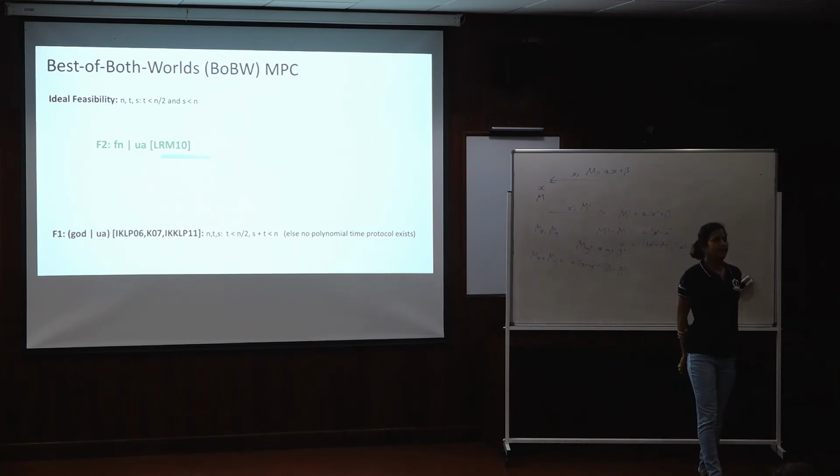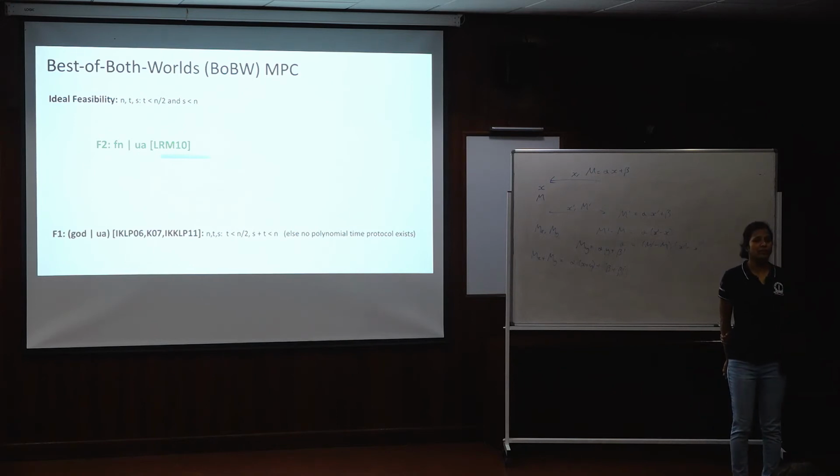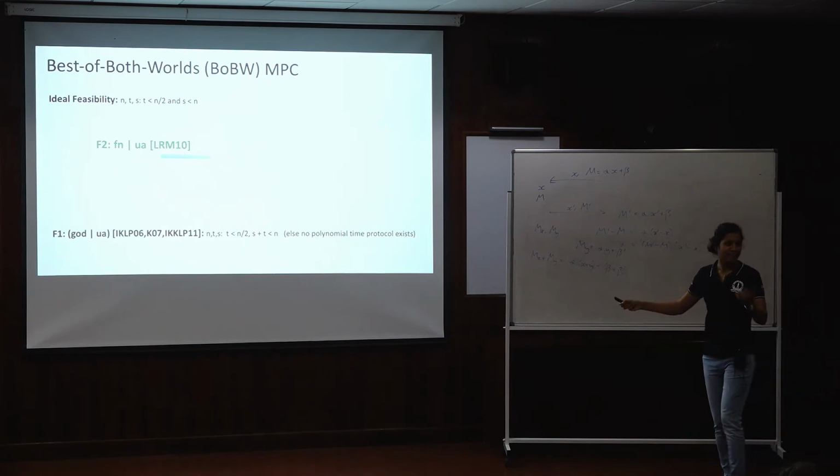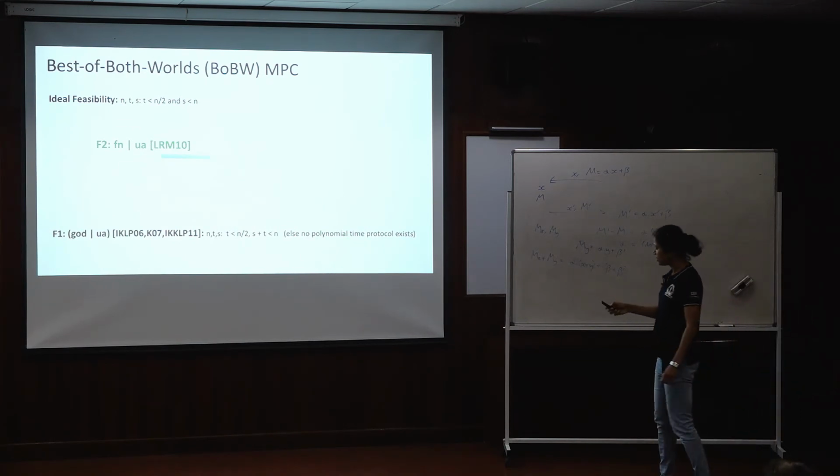One is that if we relax the notion of security in the honest majority world from guaranteed output delivery to fairness, then you can achieve the ideal feasibility. And this is why we consider the second class that I have mentioned, with this relaxation.